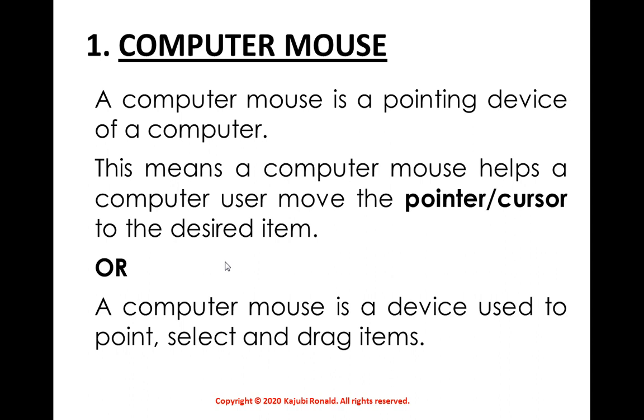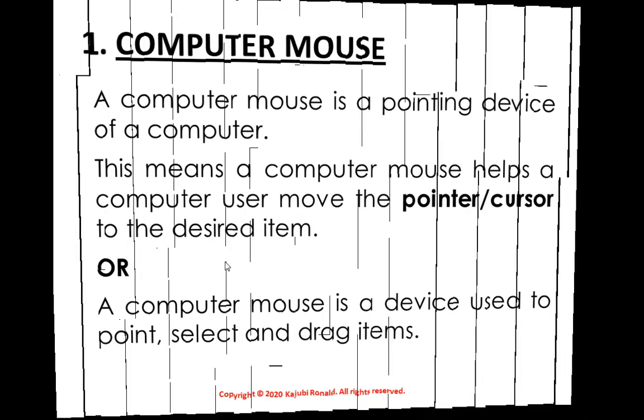Another person can say that a computer mouse is a device we use to point, to select, and to drag items from one place to another. So a computer mouse is a device used to point, select, and drag items. Hence, coming up with the 3 uses of a computer mouse.